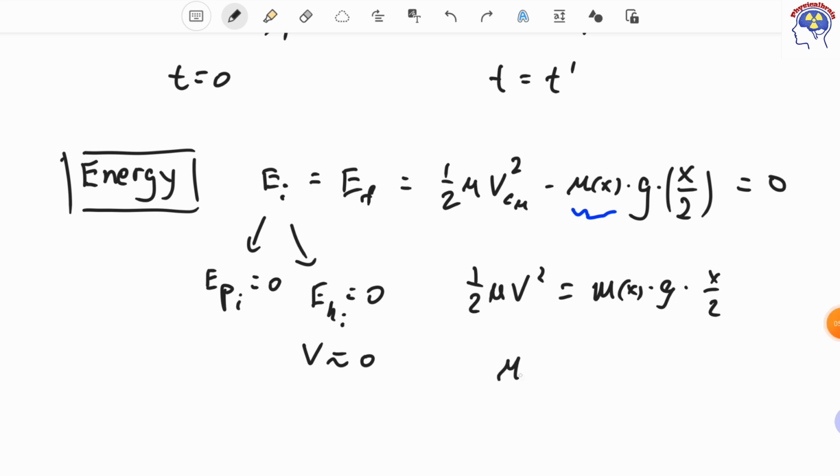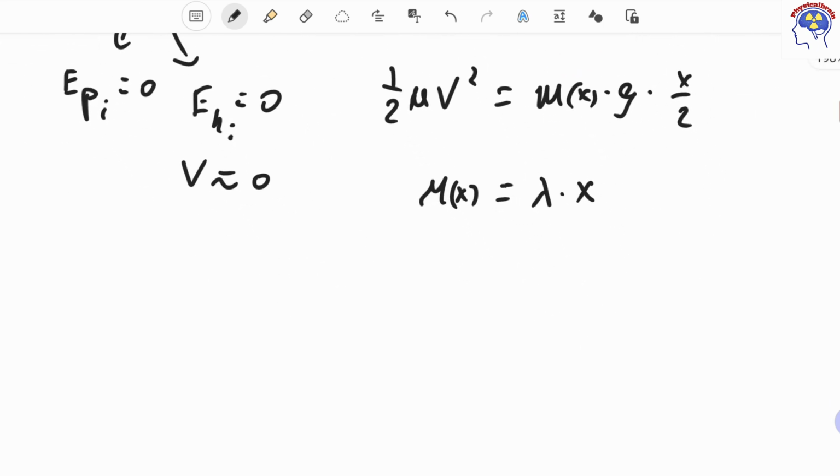Now mx equals lambda, the mass density of this chain, times x, the length of the hanging part of the chain. If it's not clear, go back a little bit to the theory. Lambda is a mass density, and it must always be constant.